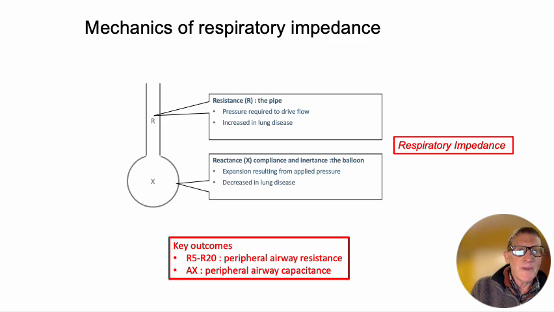And the second is what's known as the reactance or compliance of the actual balloon in the distal airways. So this is expansion resulting from the applied pressure. There are two key outputs which we use in the clinic. The first is the R5-20, which is the heterogeneity of the resistance between 5 and 20 hertz, which is a measure of peripheral or distal airway resistance. And the second one is AX, or the area under the reactance curve, which tells you about peripheral airway capacitance or compliance, if you like.